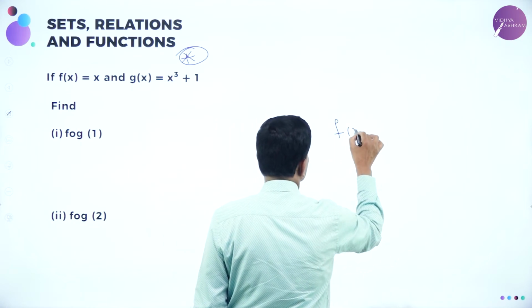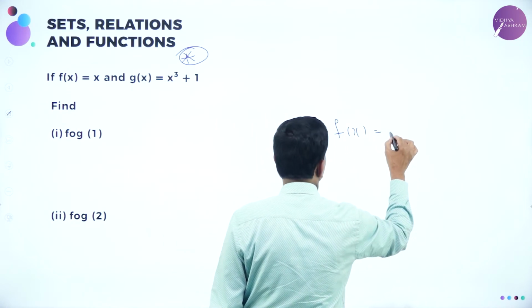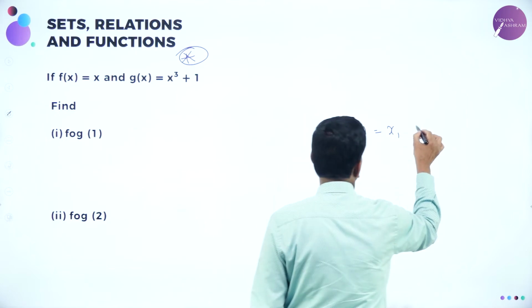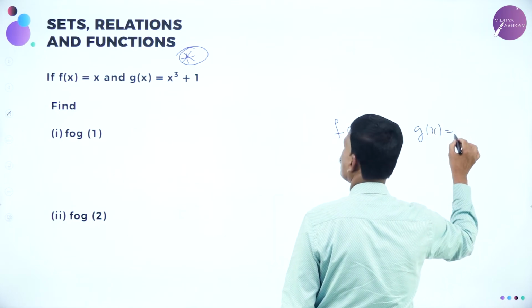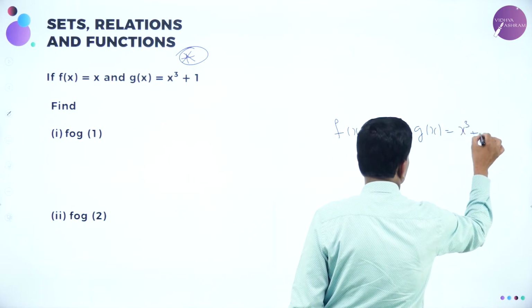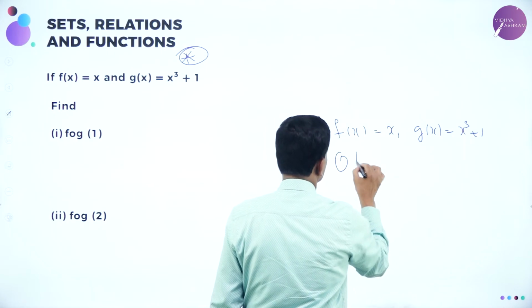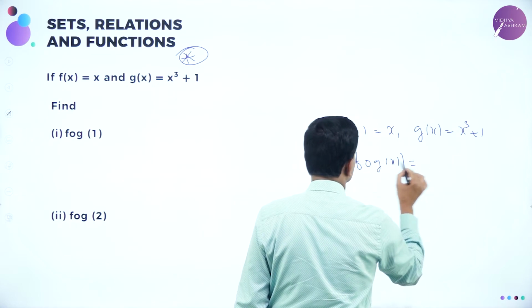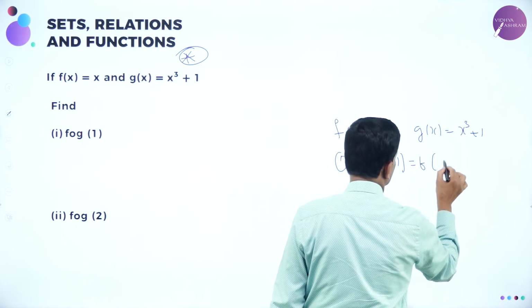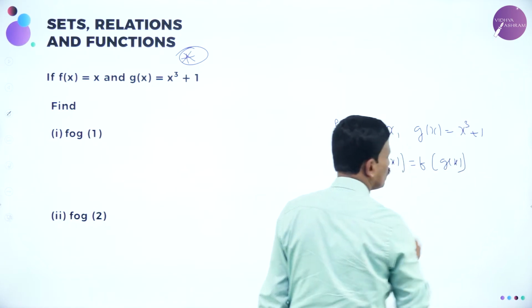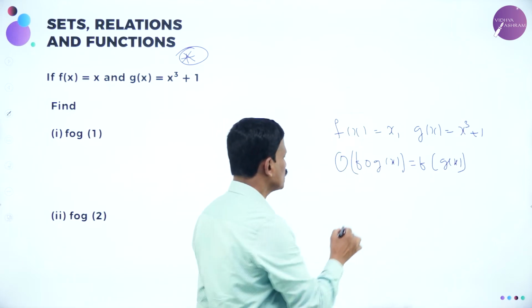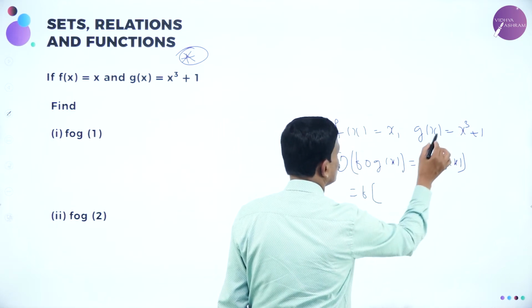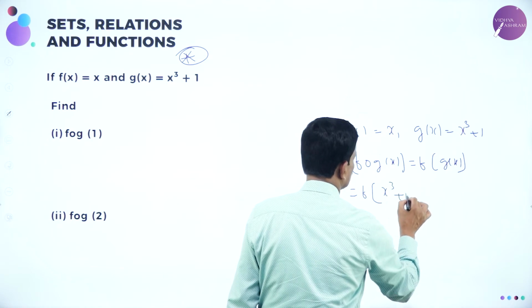So f of x is given. What is f of x? f of x is x and g of x is equal to x cube plus 1. First, to find f o g of x, f o g of x is f of g of x. f of g of x is f of x cube plus 1.